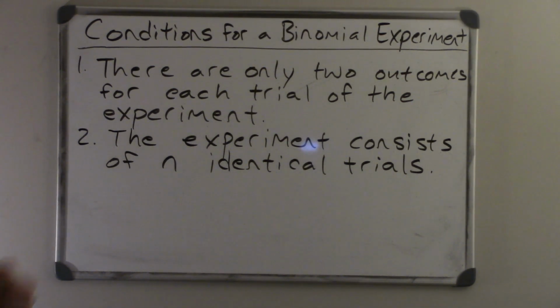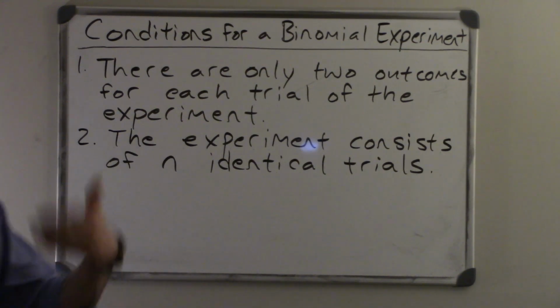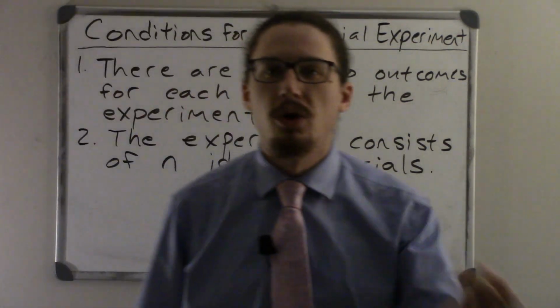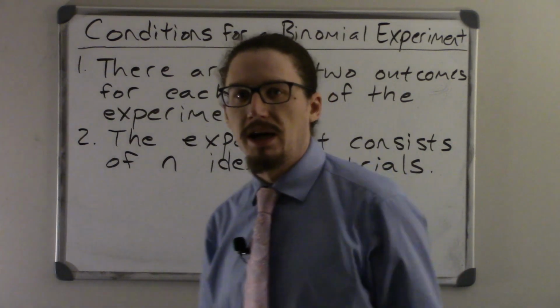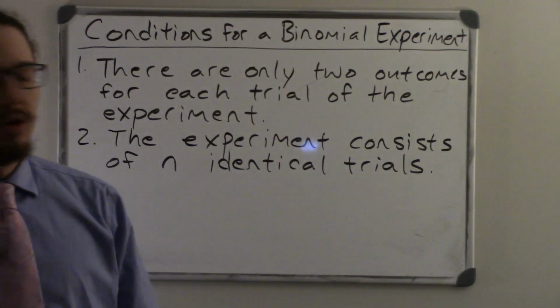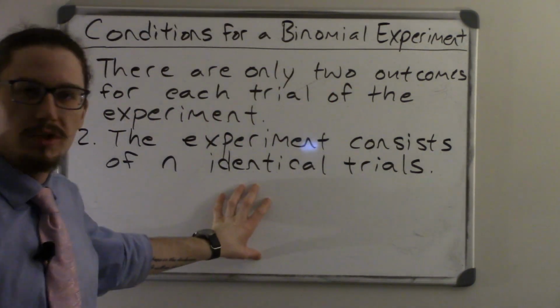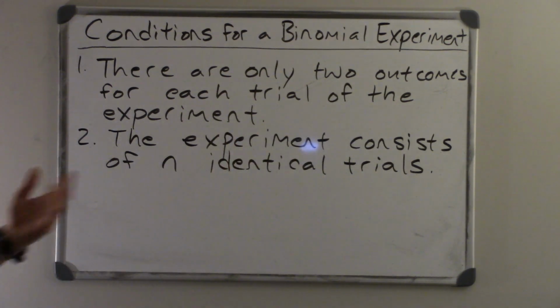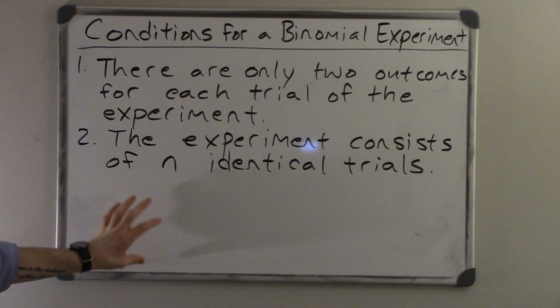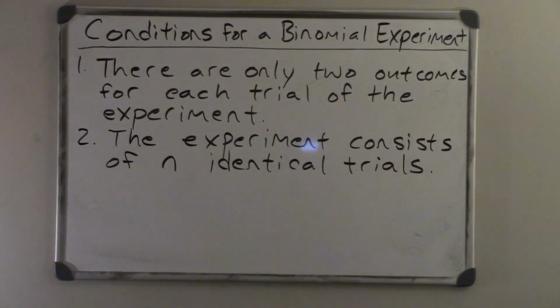So we're not just flipping a coin once, we're flipping it multiple times. We're not just rolling the die once, we're doing it multiple times. Usually, I mean, you could theoretically use this if you're only doing one coin flip, only one die roll, but it's more complicated than it needs to be if that's all you're looking at.